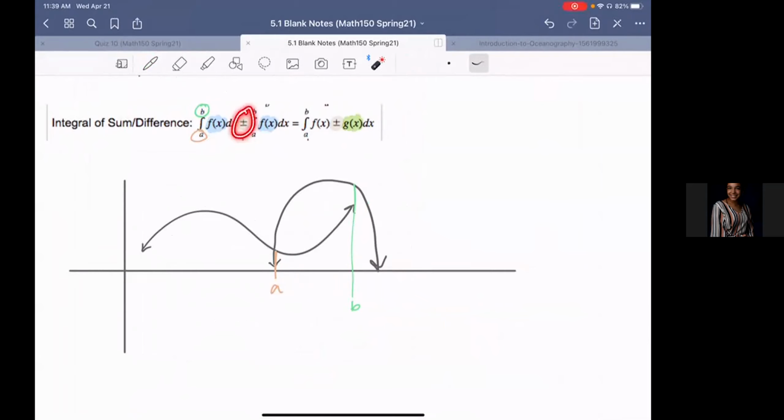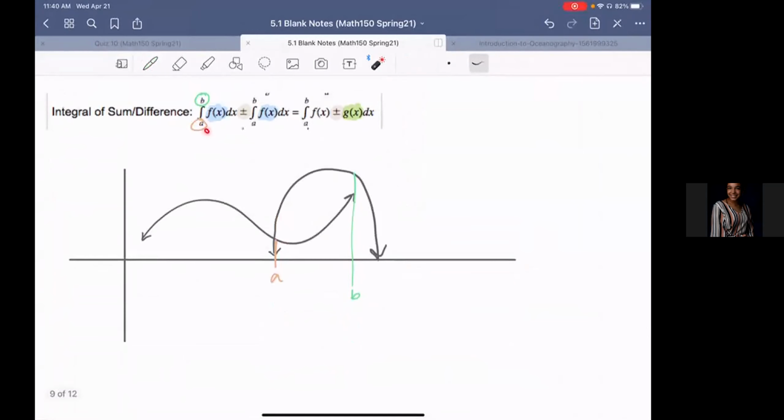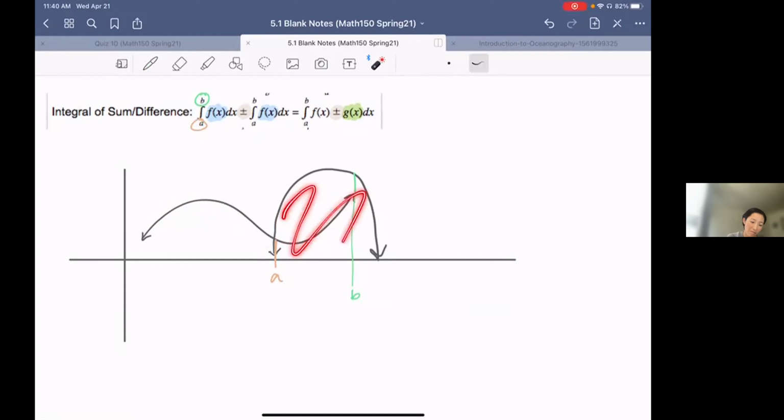We also noticed that these signs right here stayed plus or minus, so there wasn't flopping on each side. And we drew up two graphs. Since we saw the f of x here, we drew an f of x and then a g of x, and we had the idea that maybe somehow they were connected, that they crossed somewhere, and that maybe we were describing area somewhere in here.